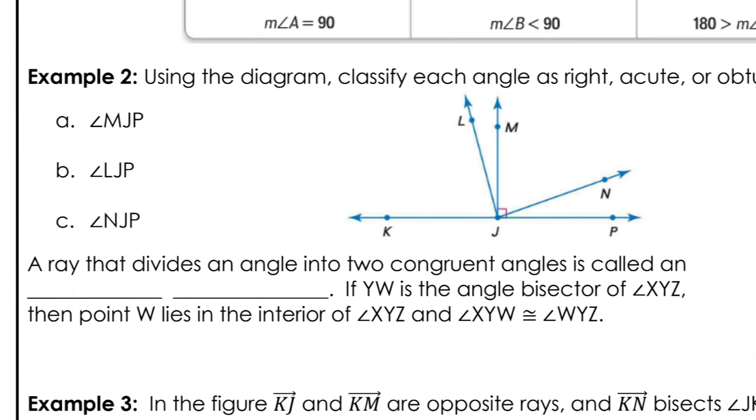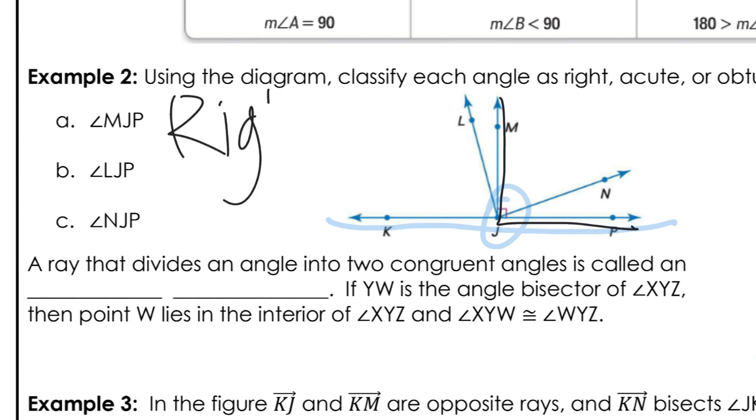And since we see an angle here is given as a right angle, and then we're able to see that this is a straight line, we have all the information we need to move forward, okay? So letter A says angle MJP. So we're going to go MJ to P. That's a right angle, okay?